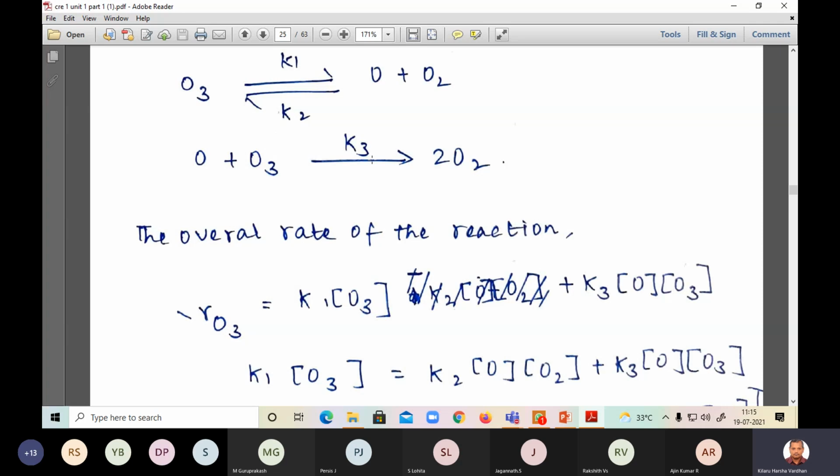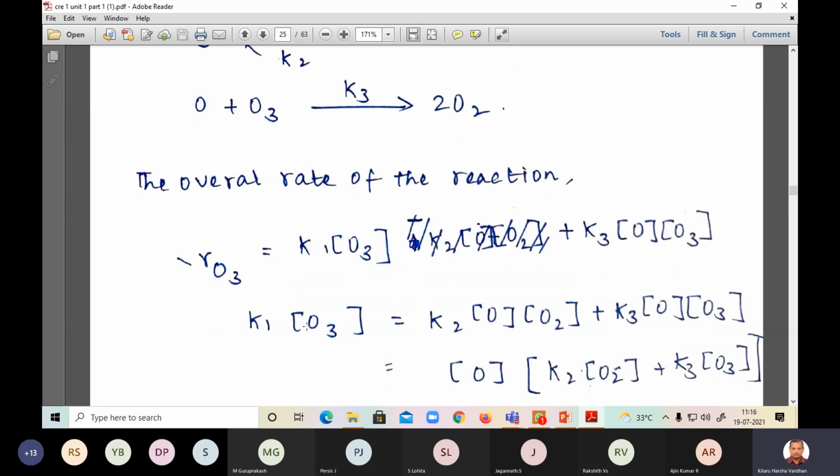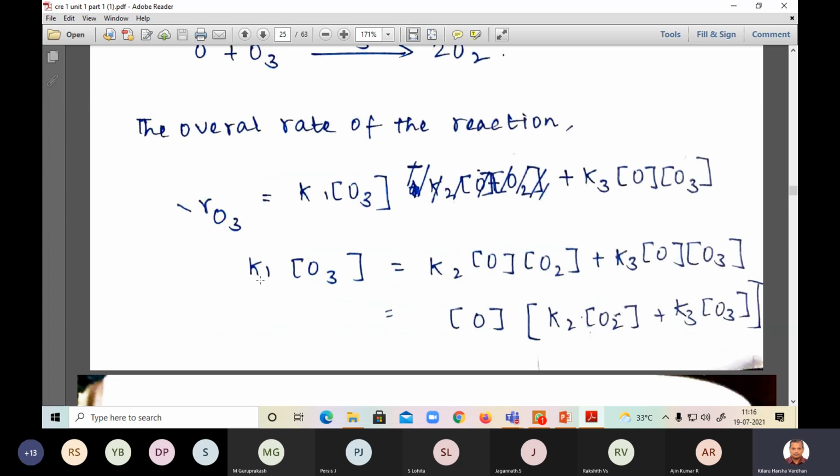If we were asking appearance minus disappearance, it would be because we want a positive quantity. So K1 O3 is the disappearance, right? And K3 O is also a disappearance, and appearance is K2. Appearance is K2, and if you equate both, that is what he is giving you.